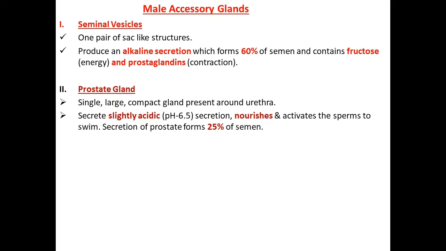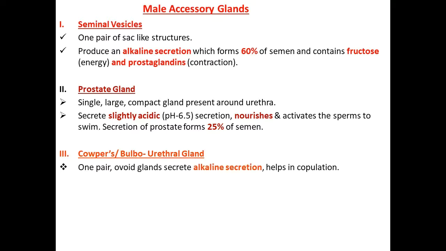It constitutes approximately 25% of the semen. Third is the bulbourethral gland. It is a pair of small ovoid glands, oval in shape, small in structure. Its secretion is alkaline, which mainly secretes mucus, and that mucus mainly lubricates the penis or the lining of the urethra.